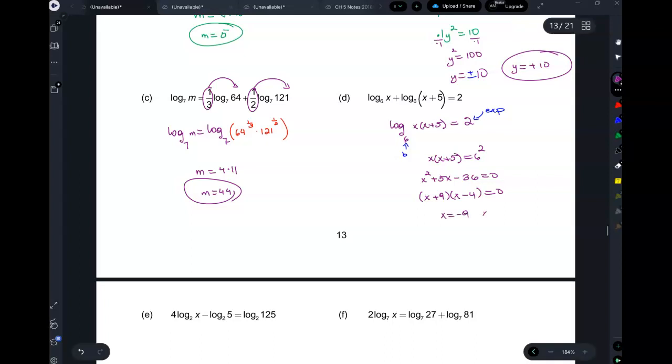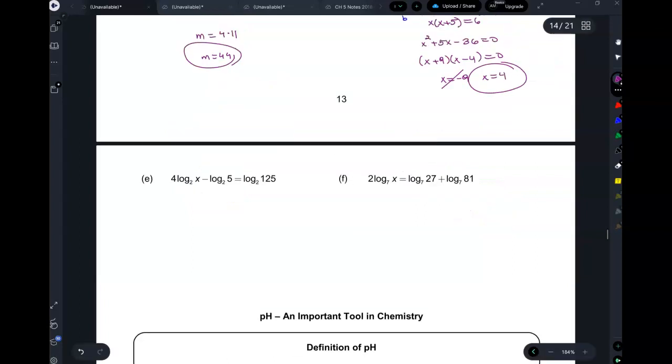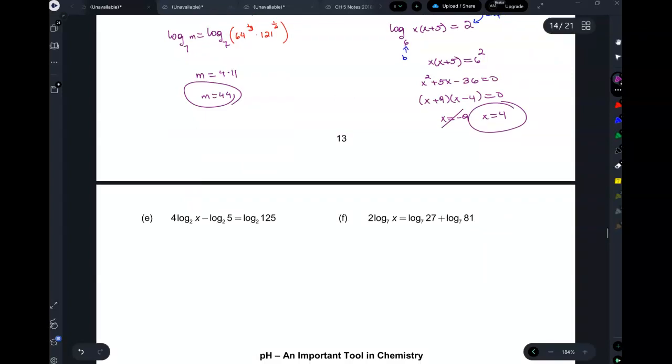So x is negative 9 or x is 4. It's just 4. So let's just see, does 4 work? So here you get log of 4, and then log of 9, right? That actually does work, because it'll be log base 6. So yes, it does work. I'm pretty sure you got it to be 6 squared.